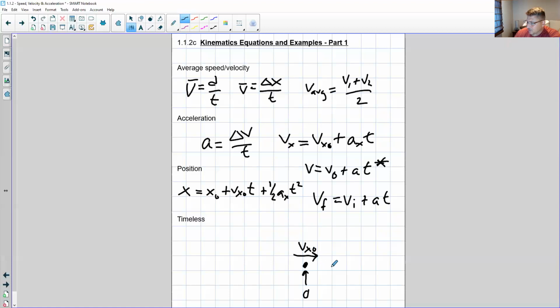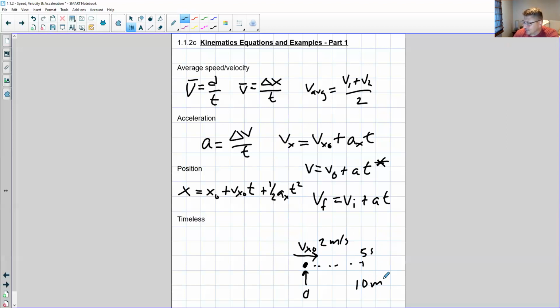Let's say that Vx naught is 2 meters per second, and it goes this way for 5 seconds. Well, it's going to travel 10 meters. That should make a lot of sense. If we're going at 2 meters per second, that means every second we're traveling 2 meters, and we do that for 5 seconds, we're going to have moved 10 meters.